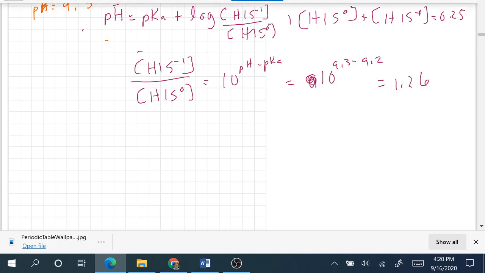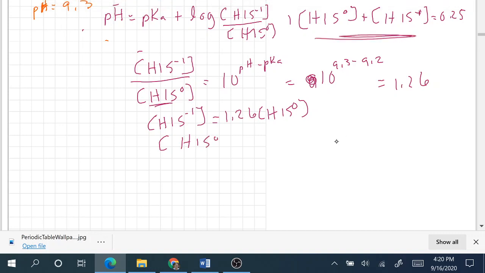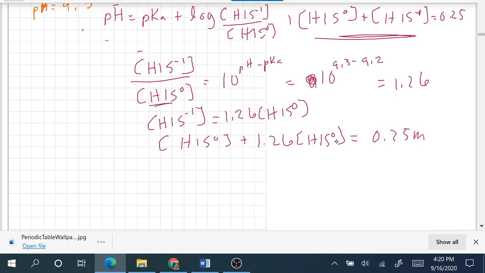Okay, so we can multiply 1.26 by His 0 and get His minus 1 on a side by itself is equal to 1.26 times His 0. Okay, so we know that His 0 from this equation here plus 1.26 His 0 is equal to 0.25 molar. So I substituted in for, we'll call this equation B.